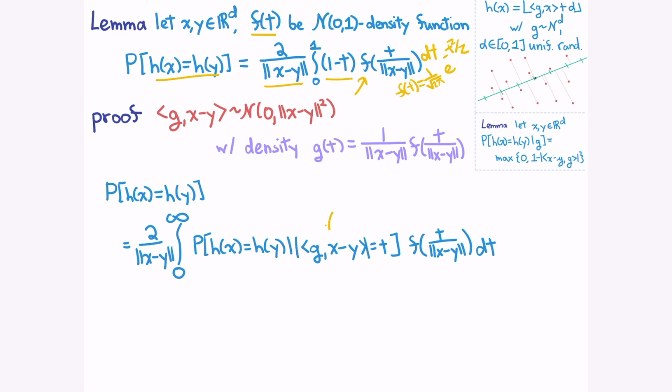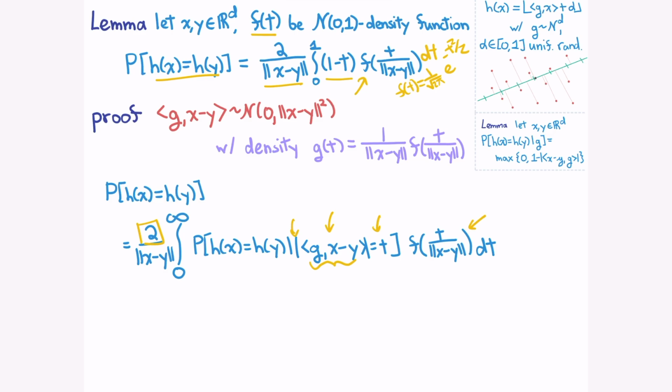We're conditioning on the projection being length exactly equal to t in absolute value. And meanwhile, here's the density, so not exactly, but sort of like the probability that g(x minus y) is equal to t norm x minus y. But there's this factor of 2 because of the absolute value, because it could be negative t or t, and it's symmetric.